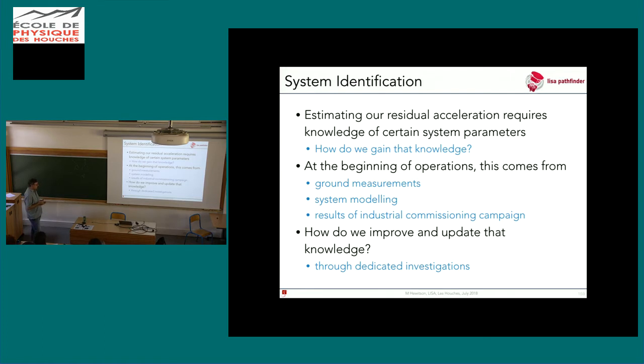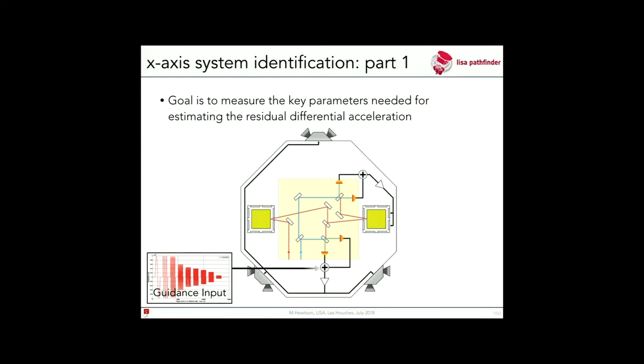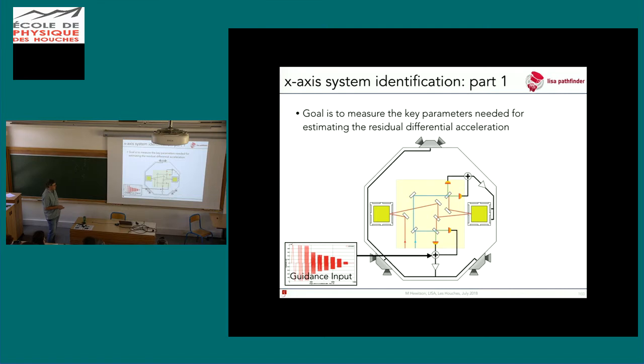We do experiments. Here's an experiment. The goal is to understand in particular the gains of those actuators, so that we can back out the control forces. So what do we do? You inject a signal here into this measurement.